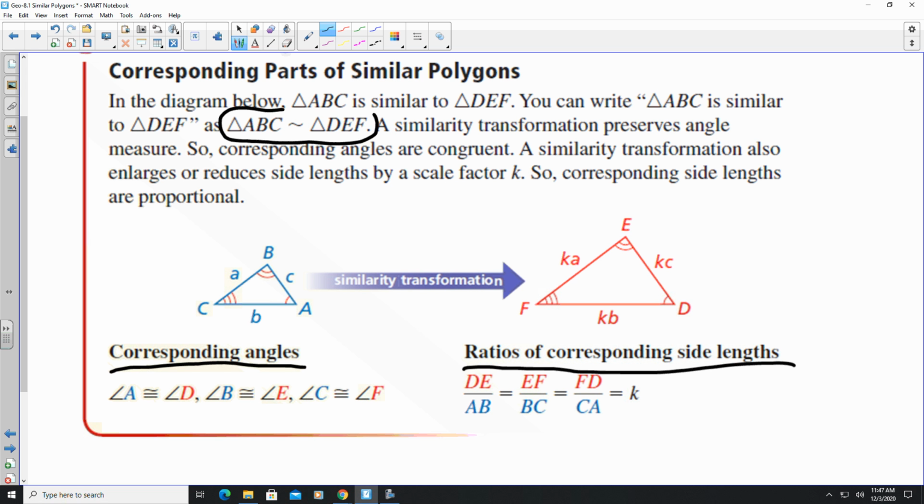Here is an example. So I'm going to circle this. This is an example of what is called a similarity statement. So they're saying here that triangle ABC is similar. This symbol right here, like this wavy line kind of symbol, is the symbol for similar. So I'm just going to also circle that and say this is similar.